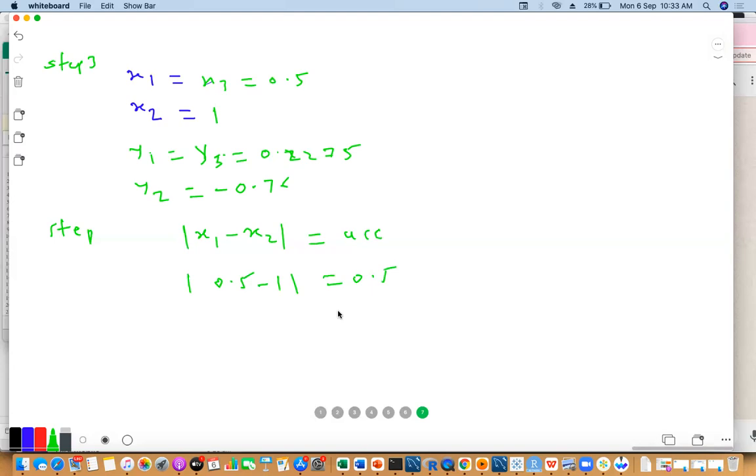Now, we will be given one condition that in our solution, accuracy should be less than something like 0.1 or 0.01 or something like that. So until we get the accuracy of 0.1, we will be doing the same iterations. Okay. Now we have new x1 and x2 as 0.5 and 1. So we can do the same calculations, right? So we have next iteration, iteration 2.